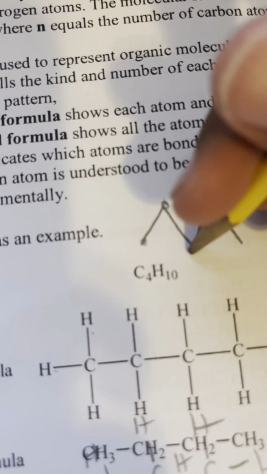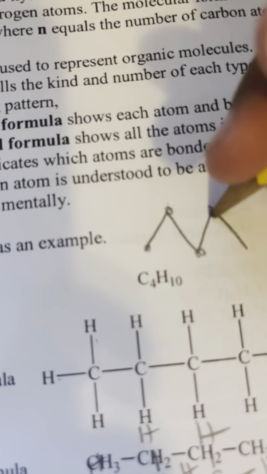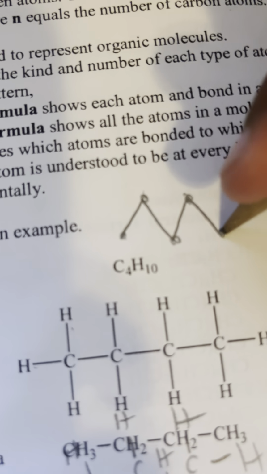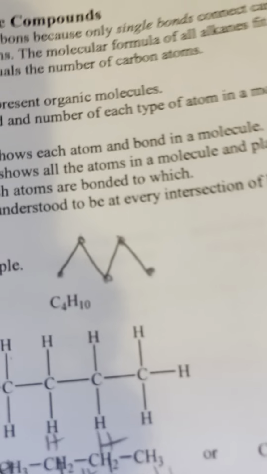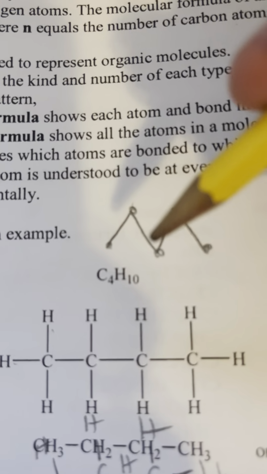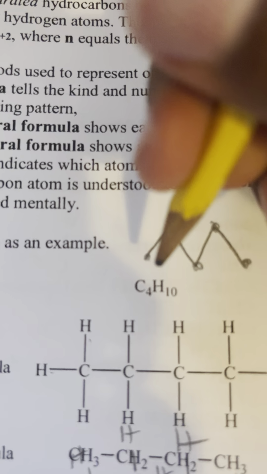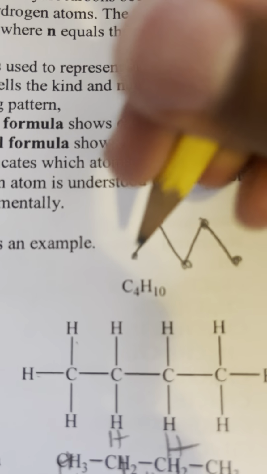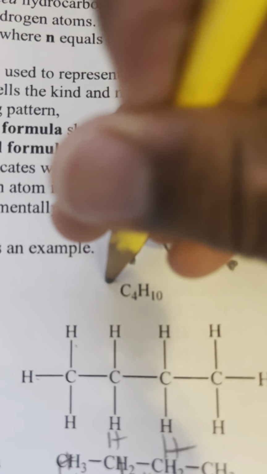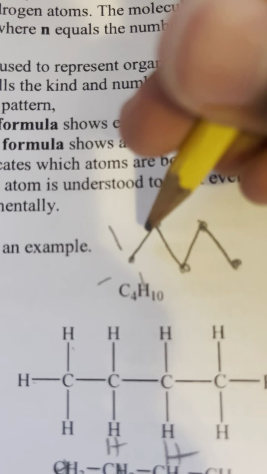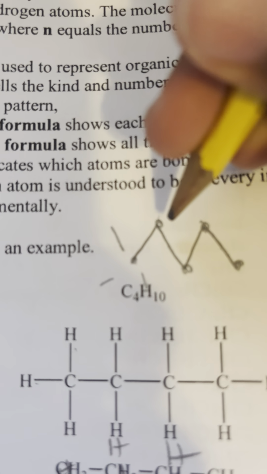So 1 carbon atom here, 2 carbon atoms, 3 carbon atoms, 4 carbon atoms, 5 carbon atoms. And what we get from this is we know that this carbon atom here is already bonding with this one. So it can bond with 3 more hydrogens. This one right here is already bonding with that one and that one.